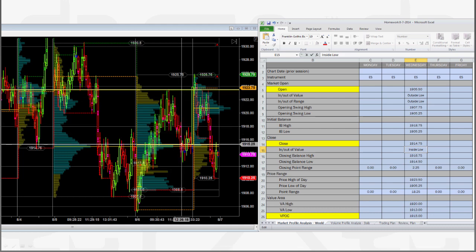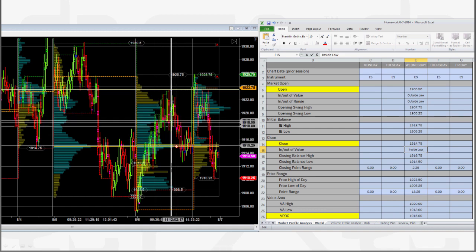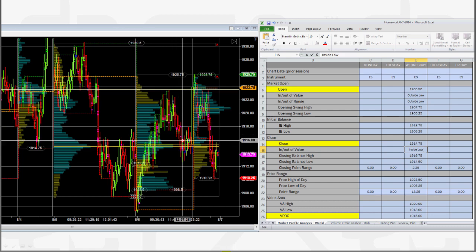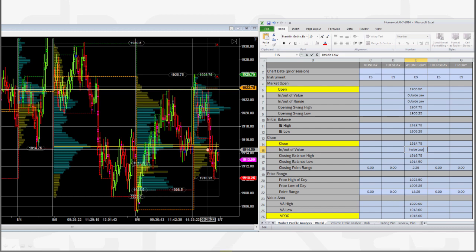Closing back down towards VPOC for the day after all of this activity and 18 points on the day says we definitely have buyers, they have conviction, but it's an uncertain conviction right now. They're not willing to put their money where their mouth is above this level. So that goes into part of my analysis.